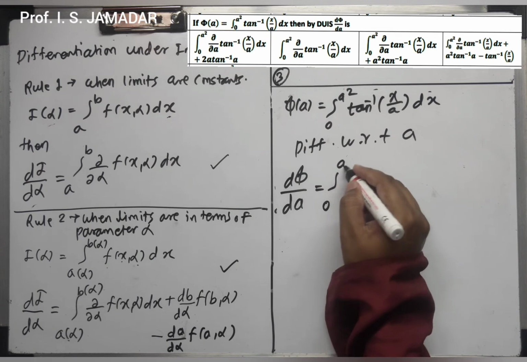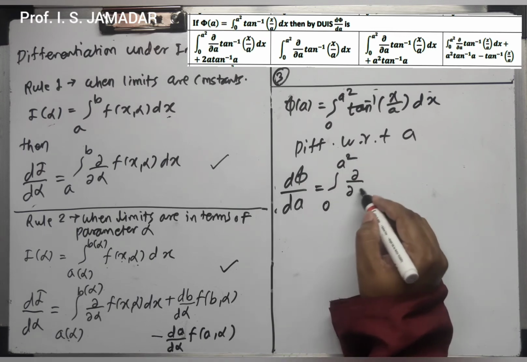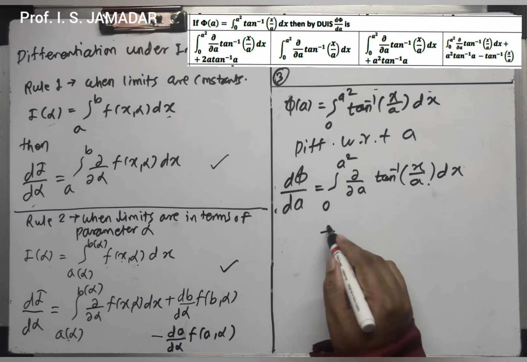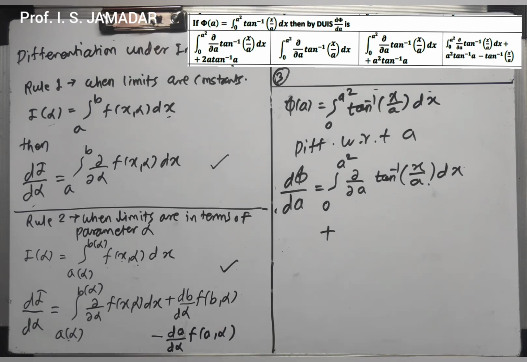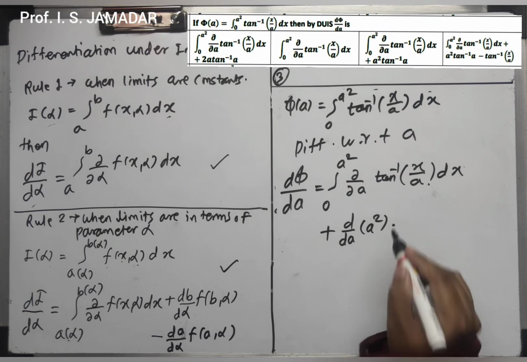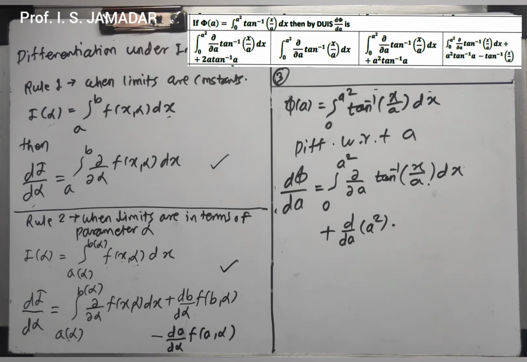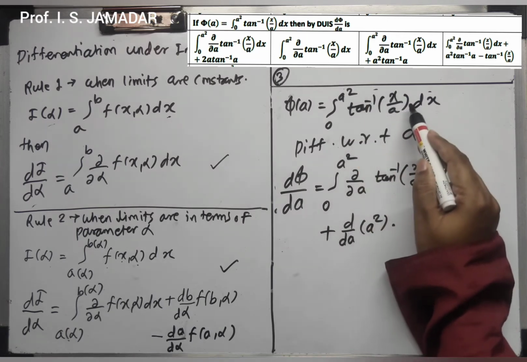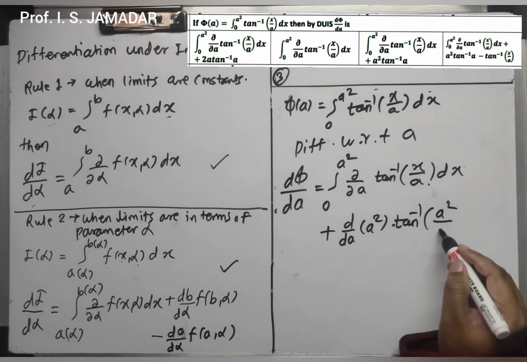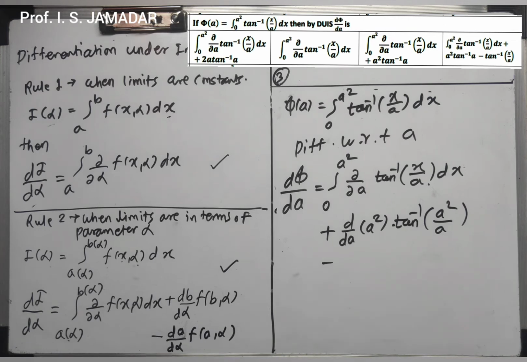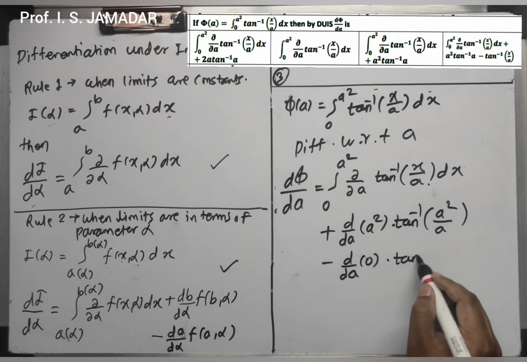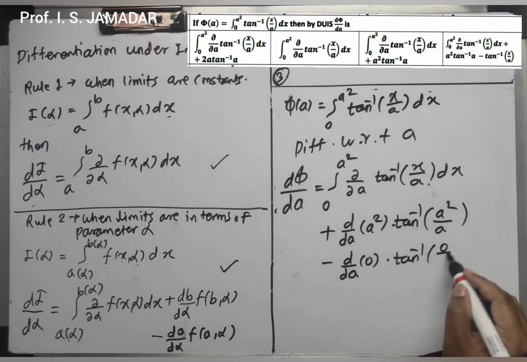Applying that rule, it is integration 0 to a square del by del a of tan inverse of x upon a dx plus, the next term is the derivative of the upper limit, means d by dA of a square into f of x a, replace x by upper limit, that is tan inverse of a square upon a, minus the derivative of lower limit, that is d by dA of 0 into tan inverse of, replace x by lower limit, that is tan inverse of 0 by a.